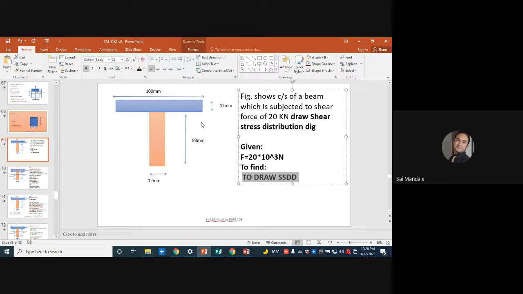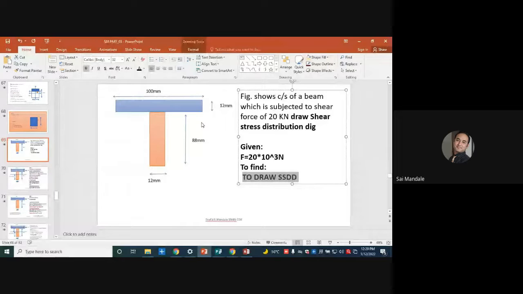So the first target is to calculate X bar, Y bar. The formula is tau is equal to F A Y bar upon I B. Y bar is mentioned in the formula, so we have to calculate X bar and Y bar, then I and then B. So the first target I am giving you is to calculate X bar and Y bar, and then calculate I, the moment of inertia.